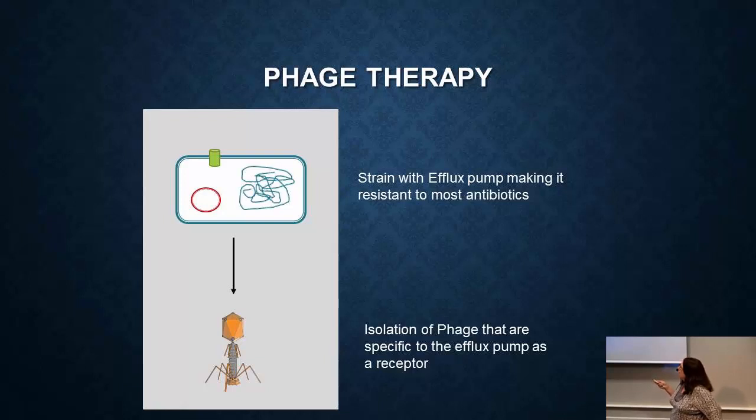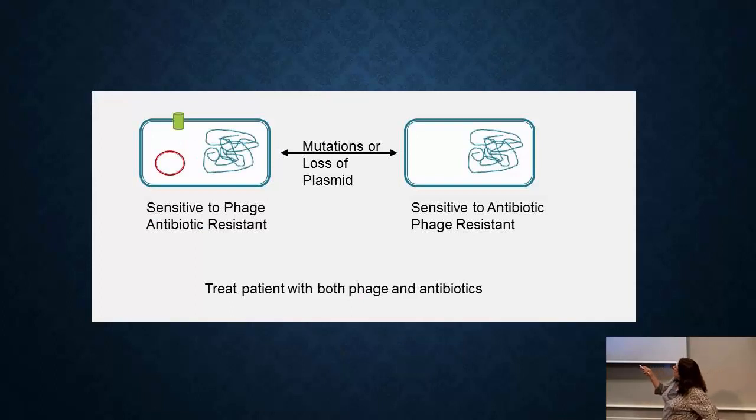And they isolated a phage that bound directly to the efflux pump. So they looked for that, they found it. And what that means is, here's the cell with the efflux pump. This cell is sensitive to the phage. It will be killed. But it's resistant to antibiotics.